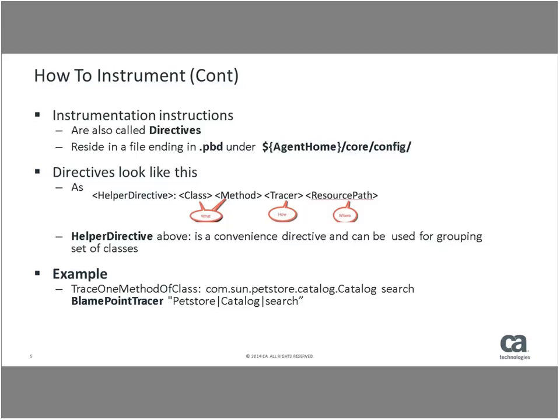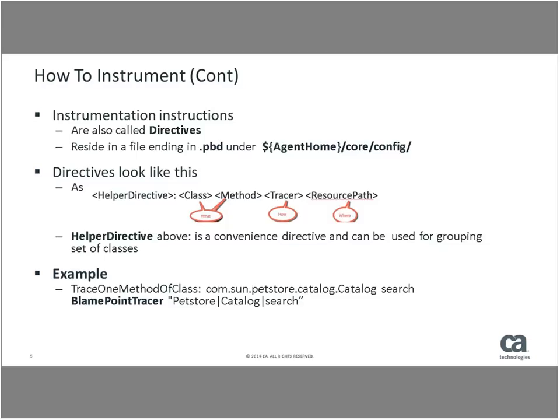So you provide the class and a method, and then the tracer is what kind of metrics you want, whether you want those standard 5 metrics or something else. You provide that instruction as well. And then this resource path is nothing but your path in the investigator tree. So these are the 3 basic standard concepts.